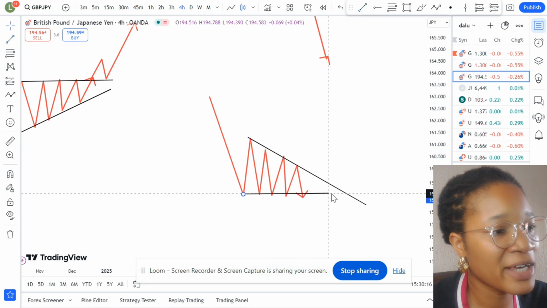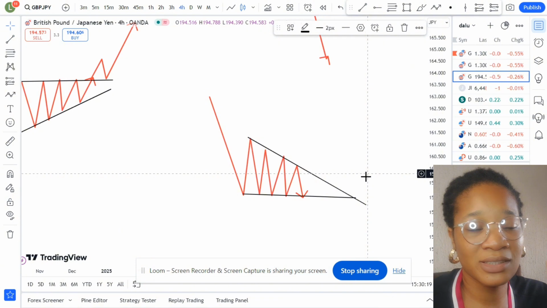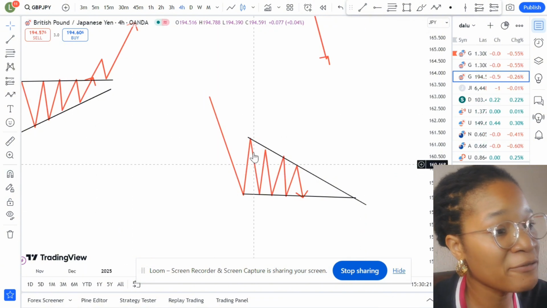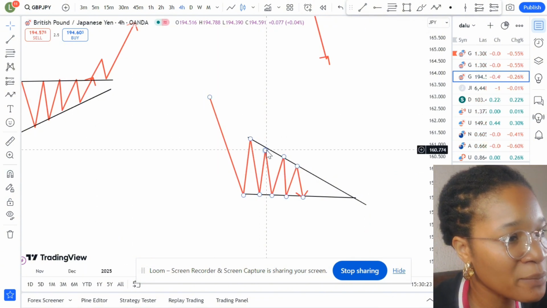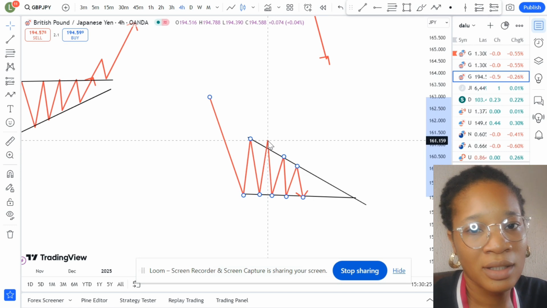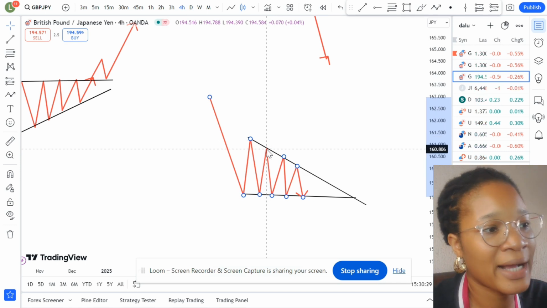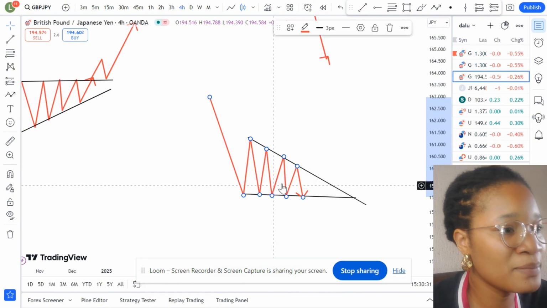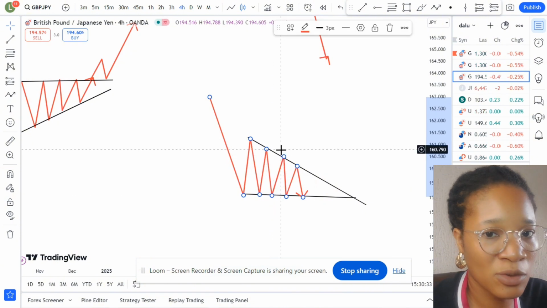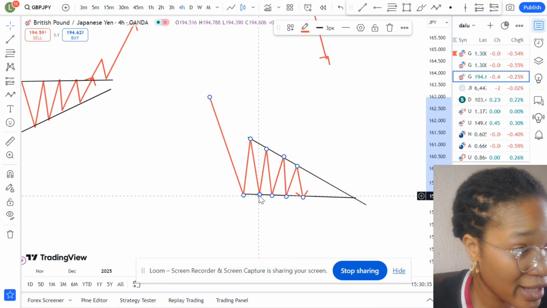Sometimes you may find fake outs. We'll talk about fake outs in another video, but you may find them. Sometimes price will impulsively take out this zone right here and immediately come back and continue trading between that resistance and support zone. Same also, you can see it over here, right?